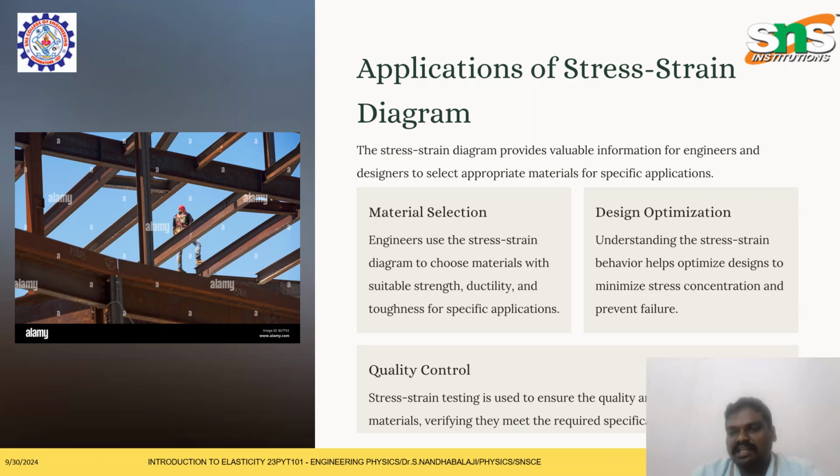Design optimization: understanding the stress strain behavior helps optimize designs to minimize stress concentration and prevent failure. Quality control: stress strain testing is used to ensure the quality of materials and verify the required material specifications.